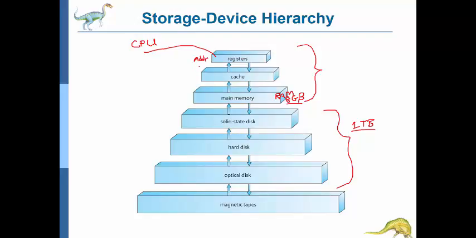Cache and buffer are not necessarily stored between register and memory. It can be anywhere. Cache can sit between main memory and solid state, main memory and hard drive, main memory and optical, main memory and magnetic, all of them. There we might have cache.